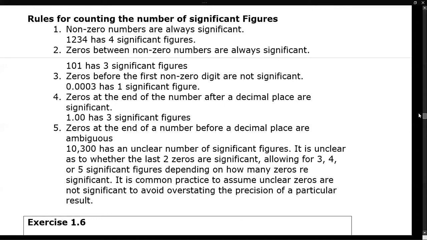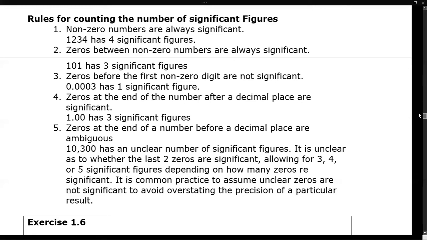Zeros at the end of a number, but with no decimal place, are ambiguous or unclear. Take 10,300. Those last 2 zeros, it's unclear whether they're significant or not, because you need them to hold the decimal place. A way around that would just be to do it in scientific notation.